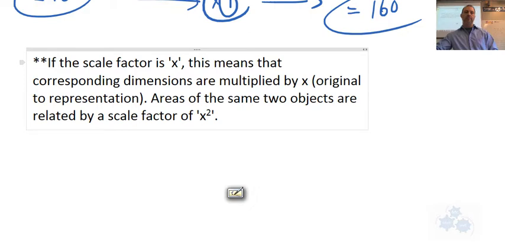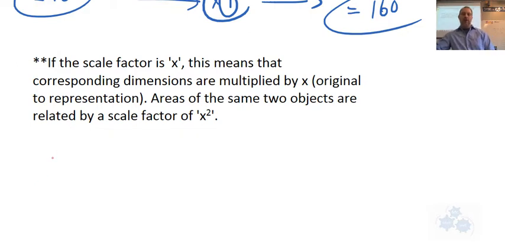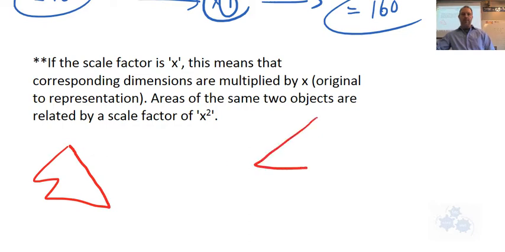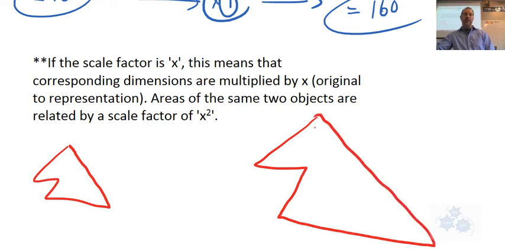Okay, so let's just say I have some crazy object here, and I also have a representation of this crazy object. That's the exact same shape, but it's a different size. So if the area of this one, let's say, is 79.2. Okay, so write this down. It's kind of example 3.